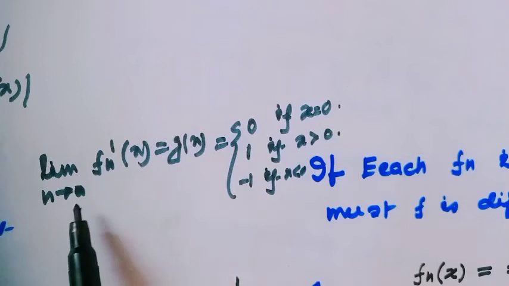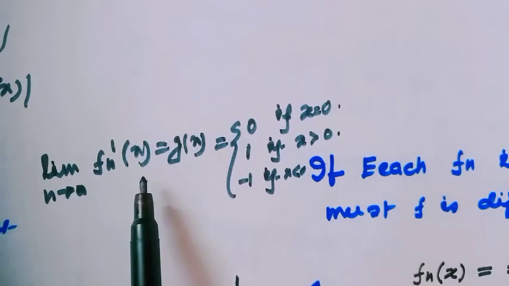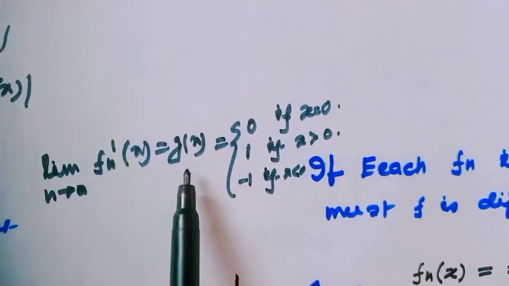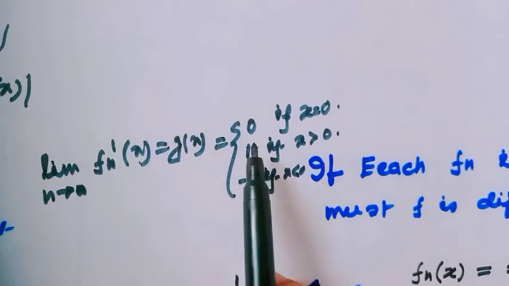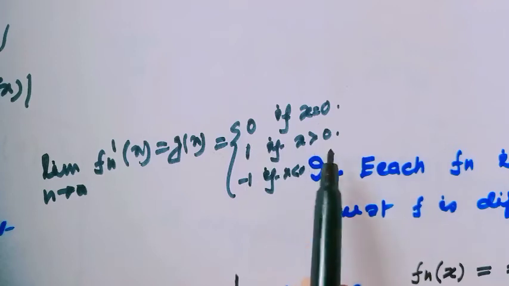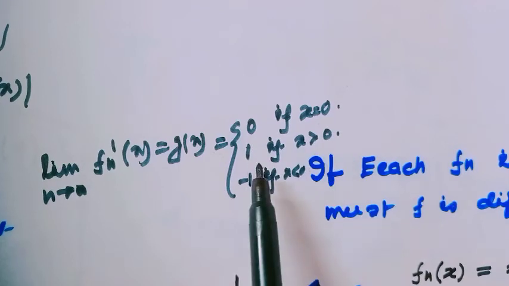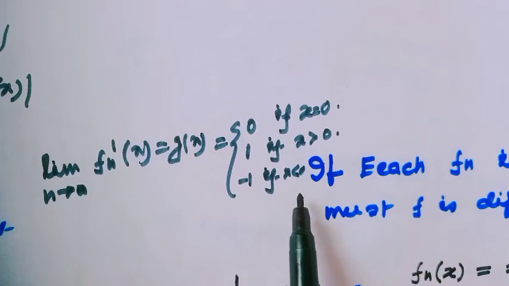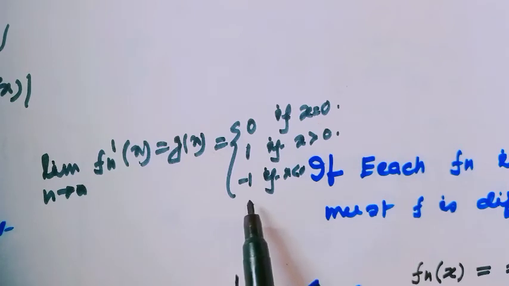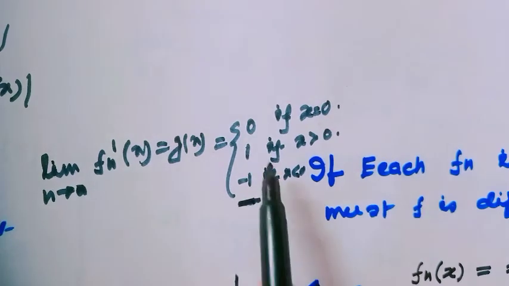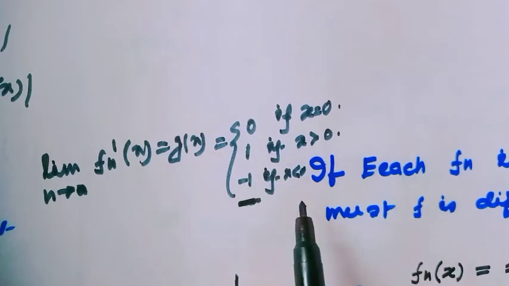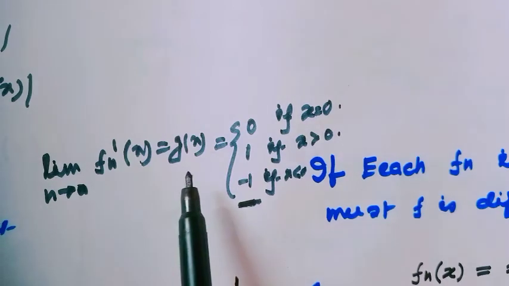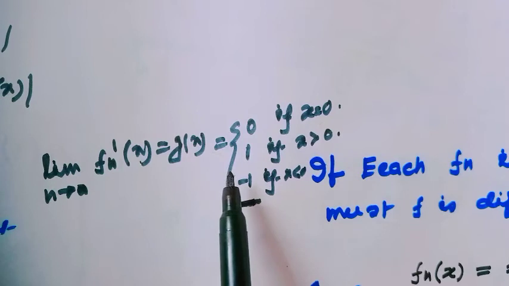That means the limit of Fn dash is the function g(x): 0 when x equals 0, 1 when x is greater than 0, and minus 1 when x is less than 0. And since g(x) is not a continuous function, obviously Fn dash does not converge to g(x) uniformly.